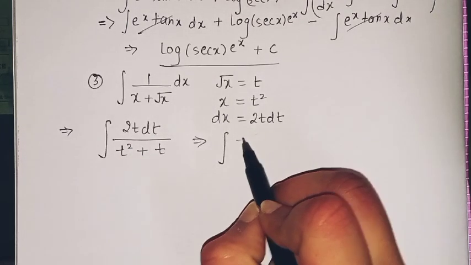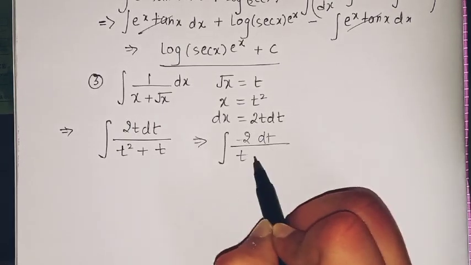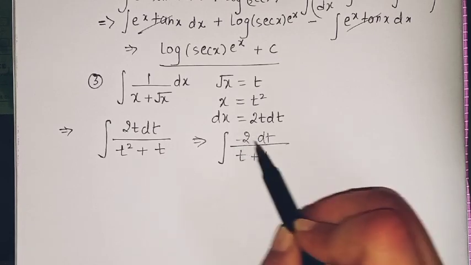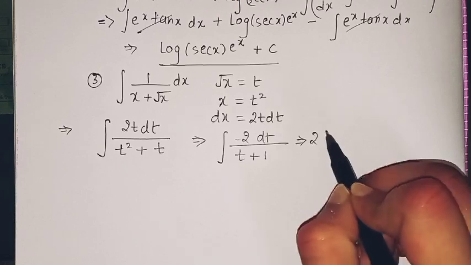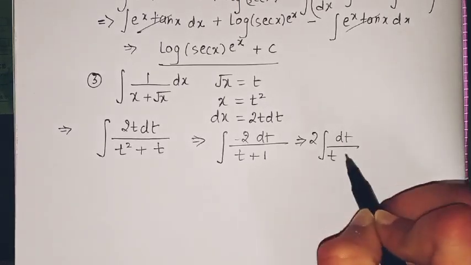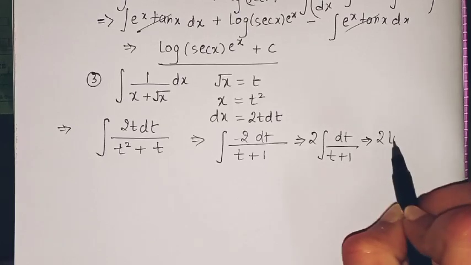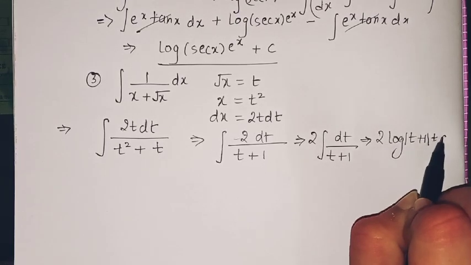So we are left with 2 divided by t plus 1. Now 2 in the numerator is a constant, just take it out of the integration sign. I think now you know the step. 2 log t plus 1 plus c. This is the answer.